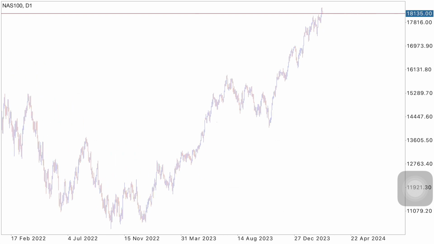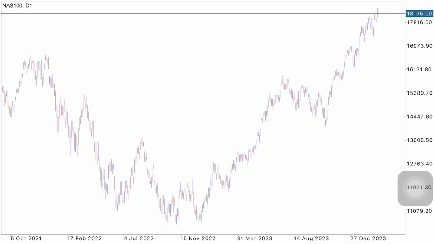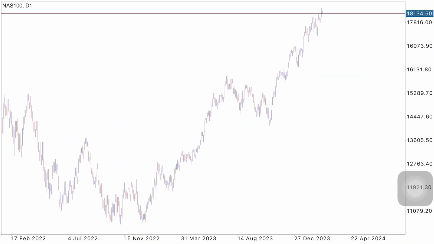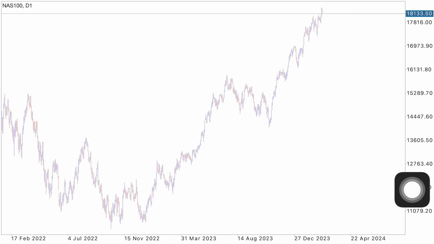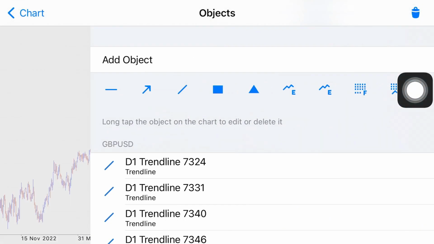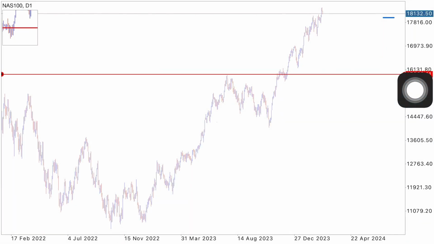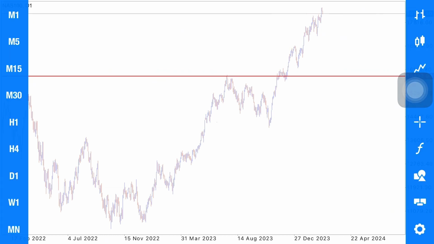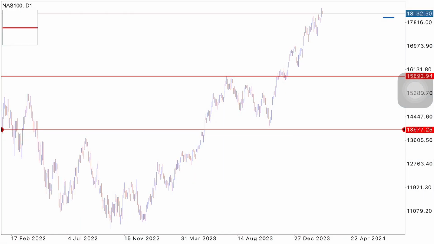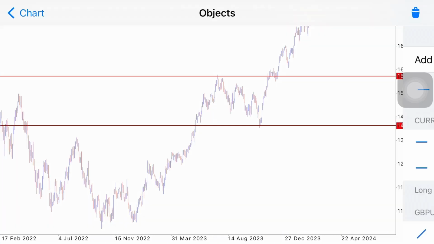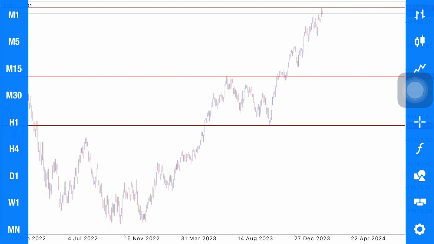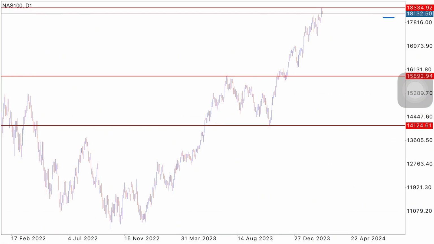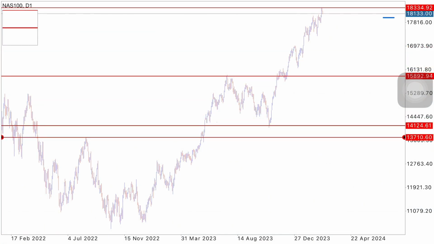As you know guys, we always start from a daily time frame to see the broader view of the market, or how the market ranged. I'll put my first horizontal line there, a second horizontal line here, a third horizontal line where the market rejected or reversed, and another horizontal line here.